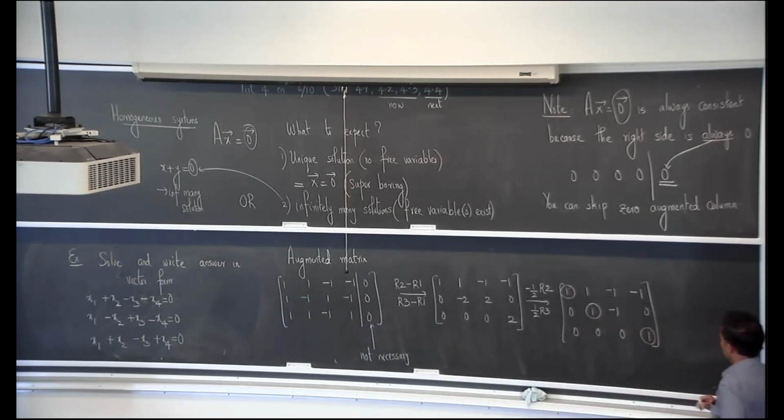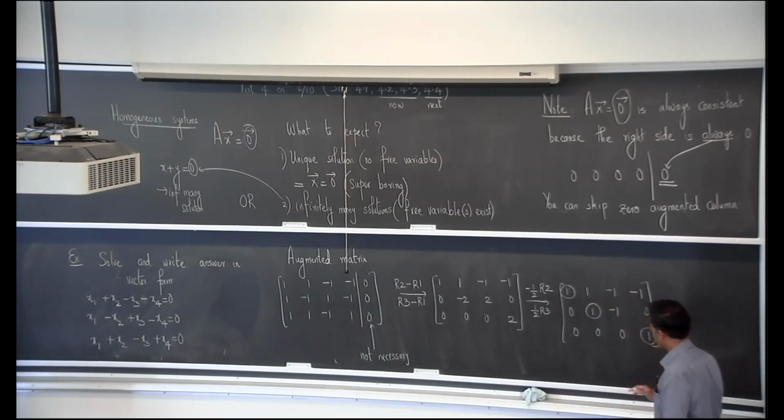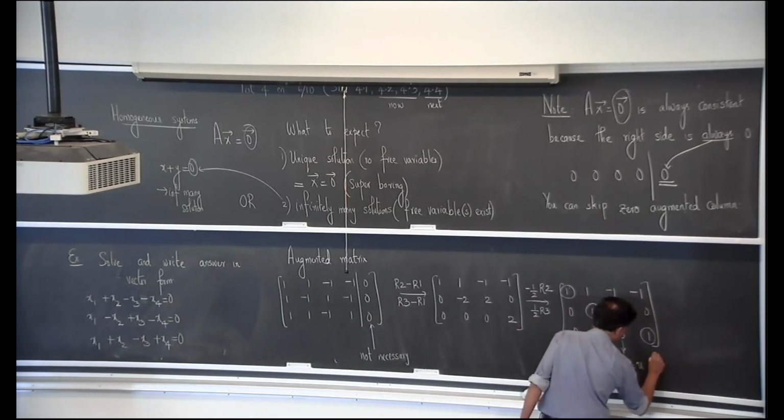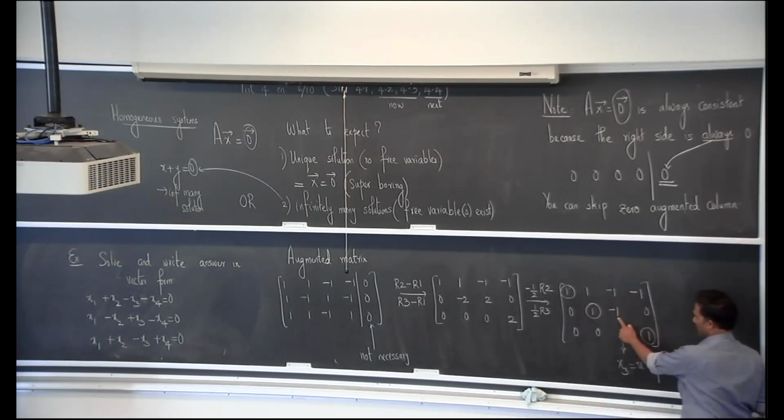Okay. So this is a leading one for the first row. That's a leading one for the second row, leading one for the last row. The third column is kind of left without anything. Okay, so x3 is free. Please don't mark this as a leading one. Okay, that is not leading. It's a 1 or -1, but it's not leading.